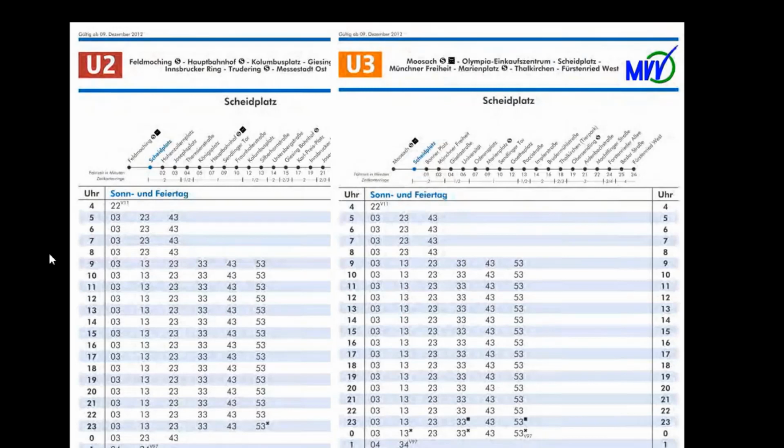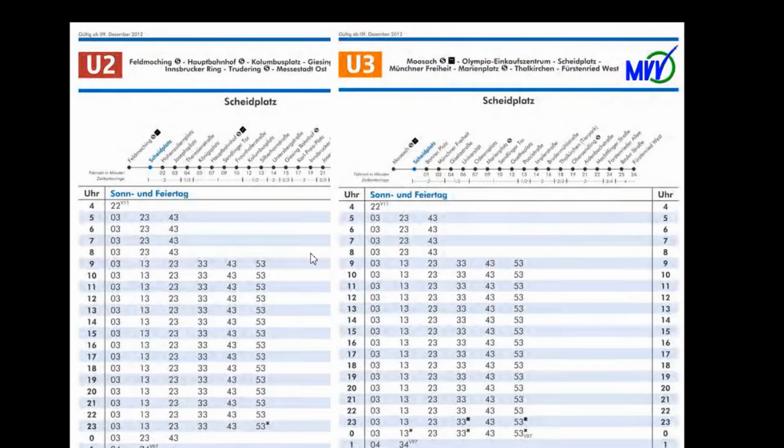As you can see here, we have the pulse repeated every time, like 3:03, 3:23, 3:43, which means we have a headway of 20 minutes. Or 3:13, 3:23, 3:33, 3:43, 3:53. So according to your demand, we need to design the headway.